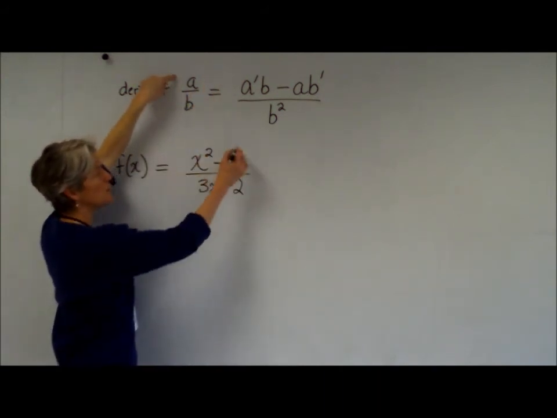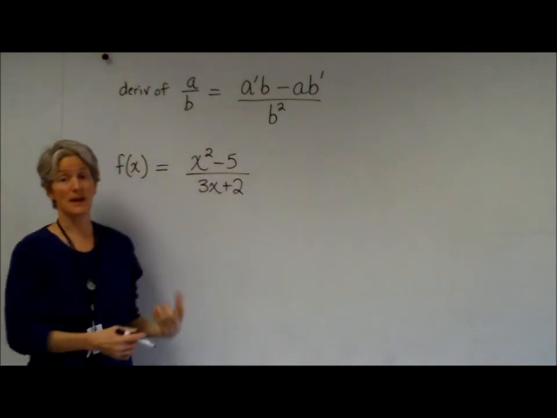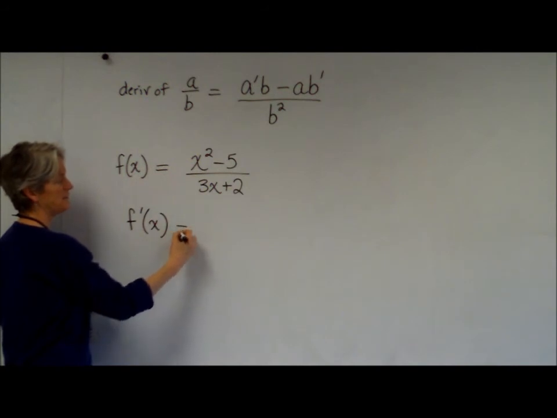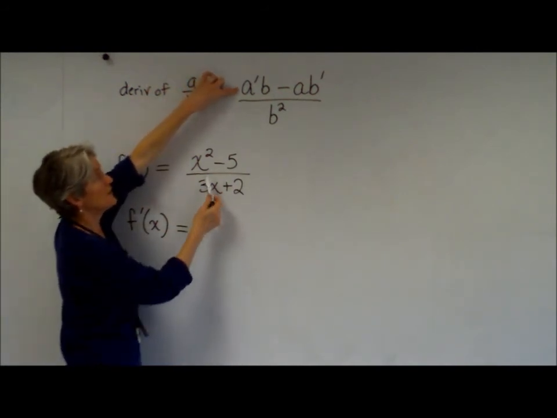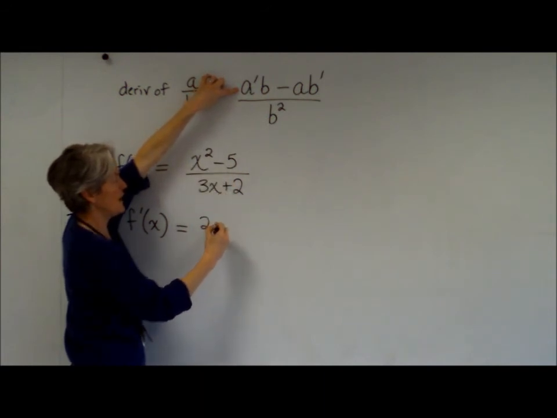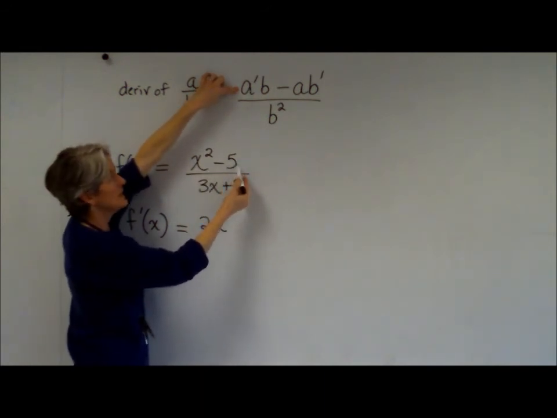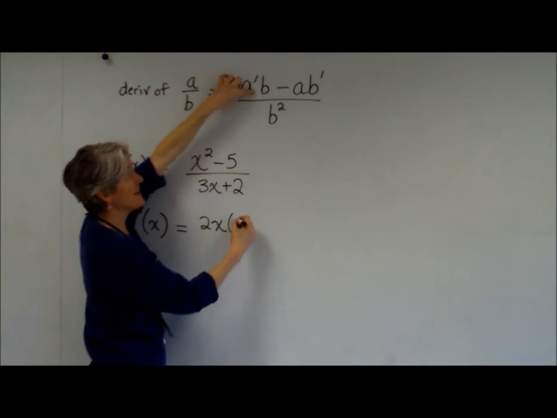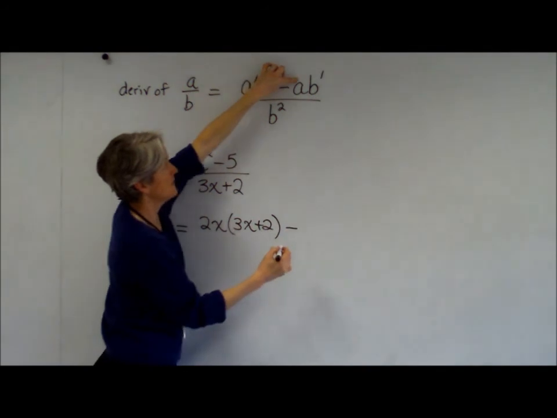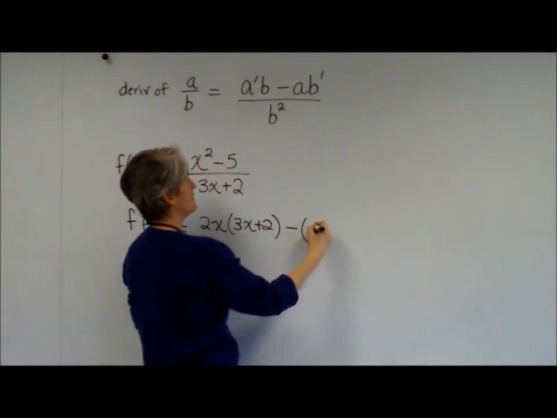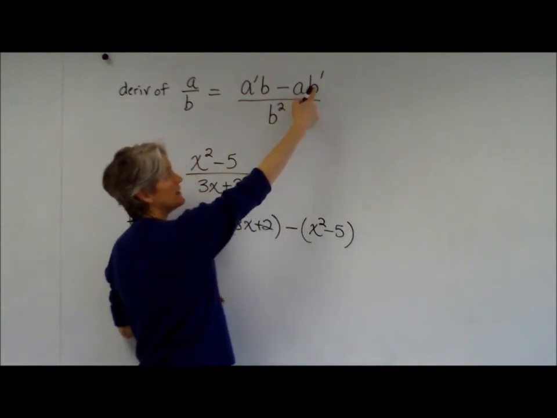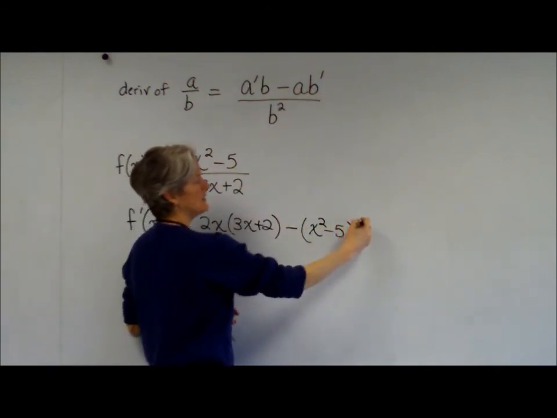A, of course, is my numerator, and B is my denominator. So here we go. Taking the derivative of my function. So I'm just going to follow here. The derivative of the numerator, so I'm using my power rule there, is 2x minus 0, times my denominator as it is, 3x plus 2, minus my numerator as it is, don't forget those all important parentheses, times the derivative of the denominator.